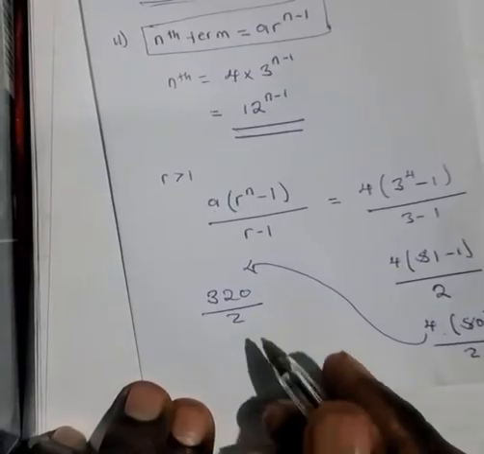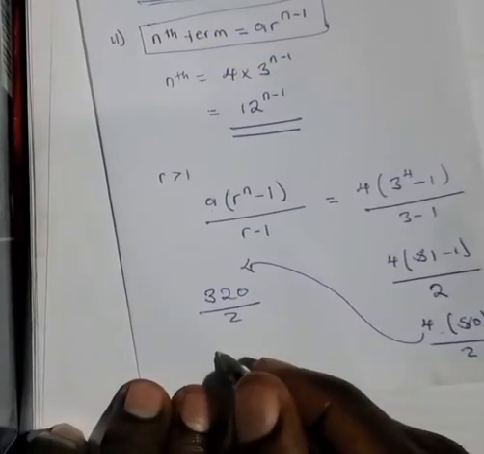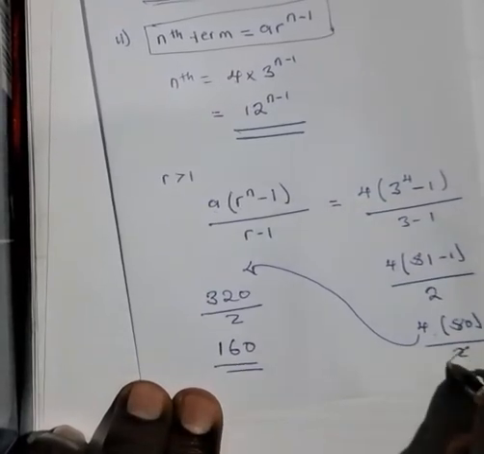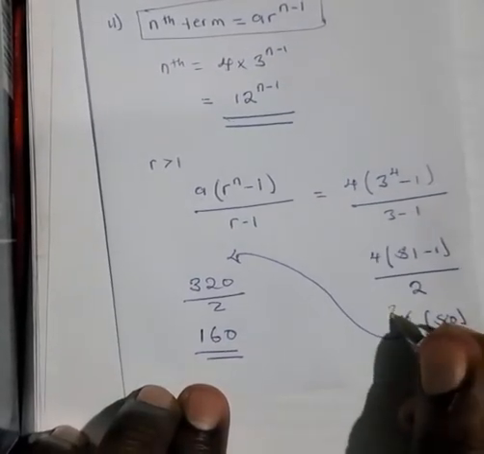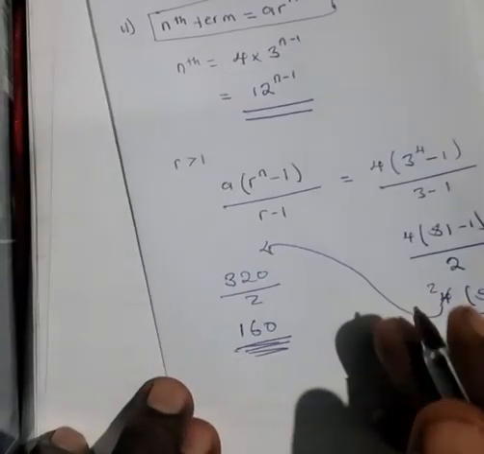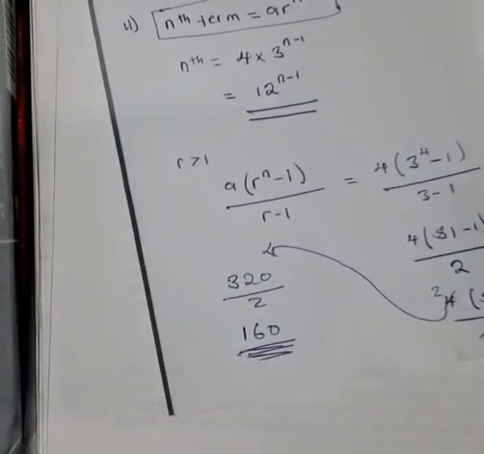So 2 into 320 is 160, or you can just cancel and reduce to 2 times 80, which is 160. So the sum of the first 4 terms is 160.